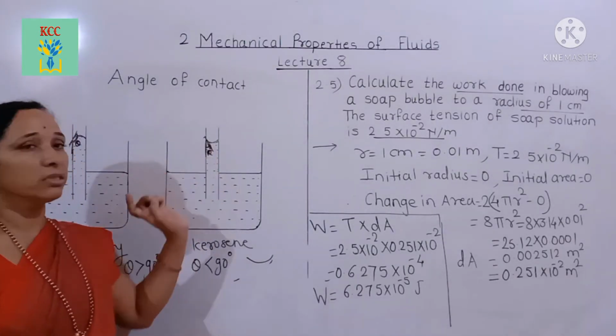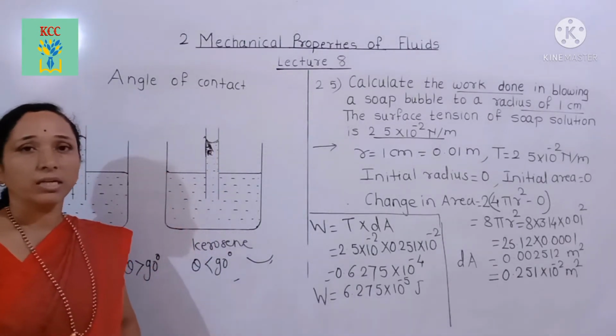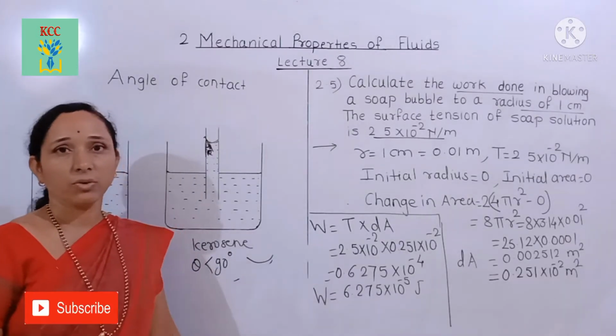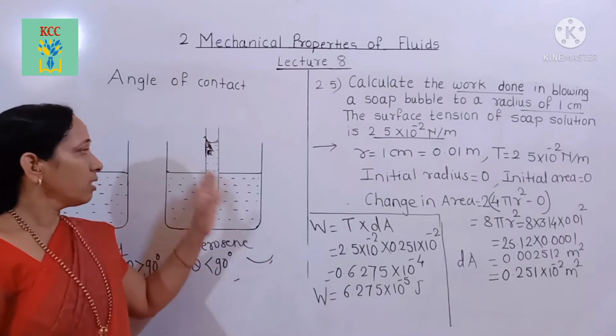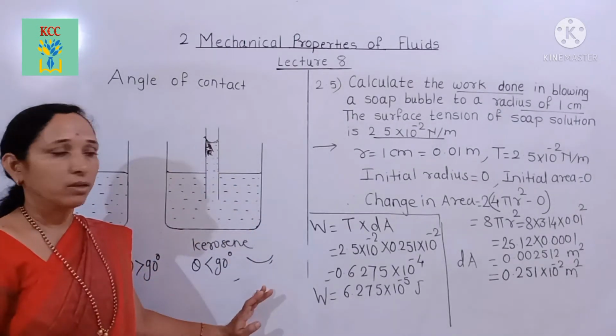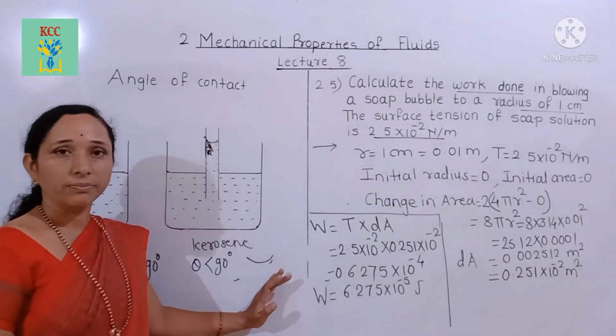How does this liquid surface change when it comes in contact with a solid? When it changes in surface, the free surface of a liquid in contact with a solid.